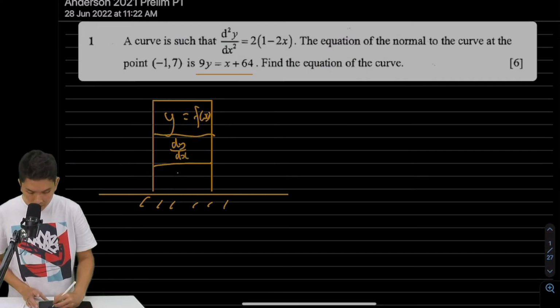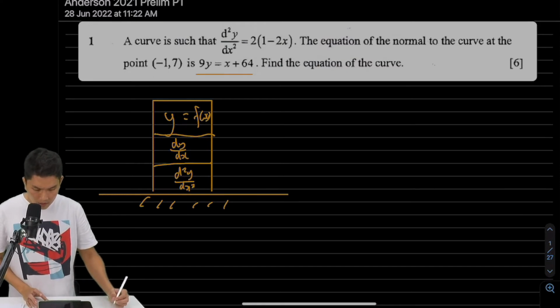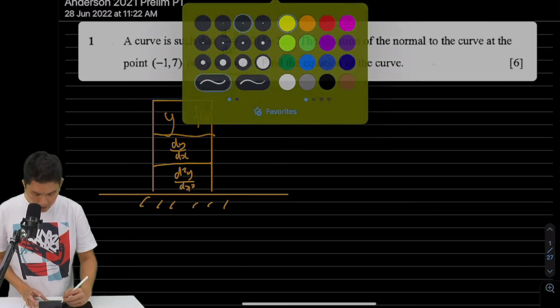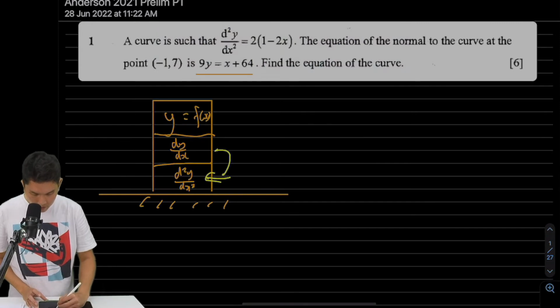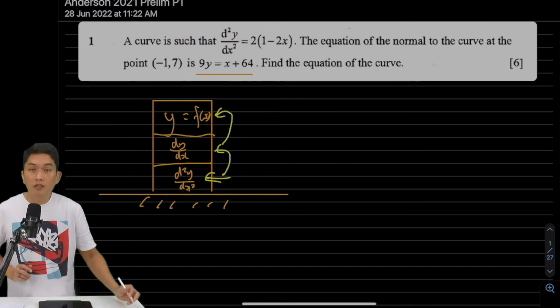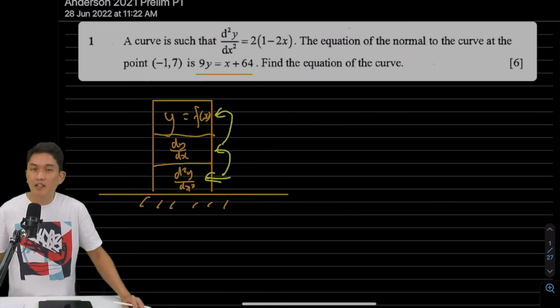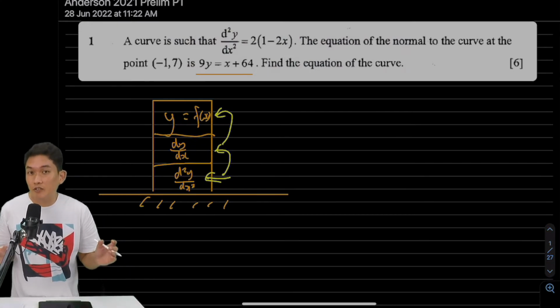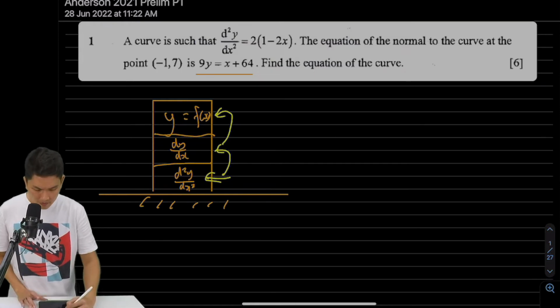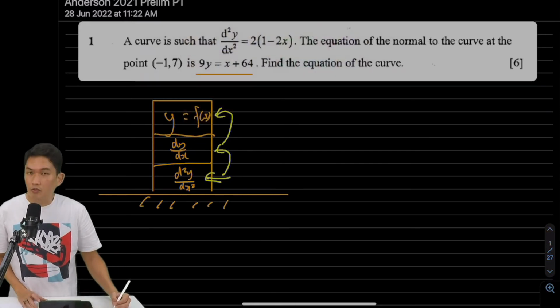If you differentiate another time, you get d squared y dx squared, right? And what we are given in this question is this. So we integrate once, integrate twice to get back the equation of the curve, y equals some function in x. And as you know, the difficulty in integrating is that we get a constant of integration. So we'll look to solve that with some clues provided by the question.